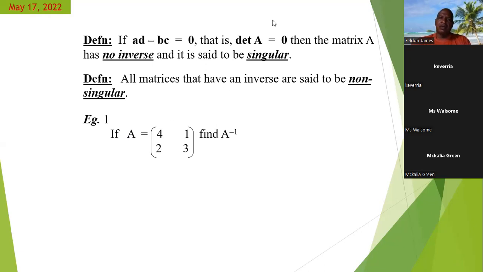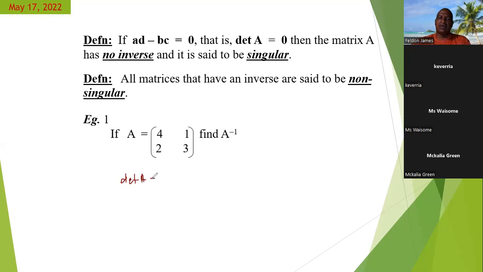And remember now, the determinant, anybody remember what the determinant means? So the determinant of A, which sometimes is written DET A, or it can be written with these bars, to mean the determinant of A.